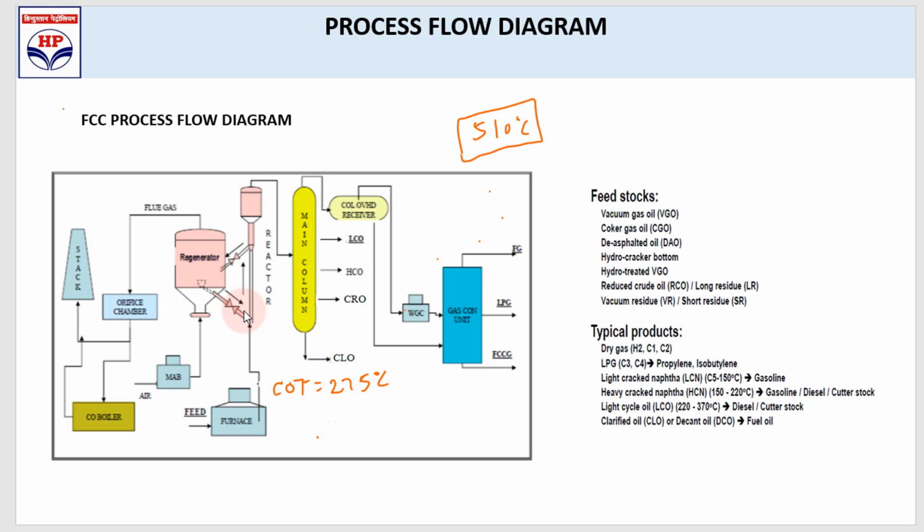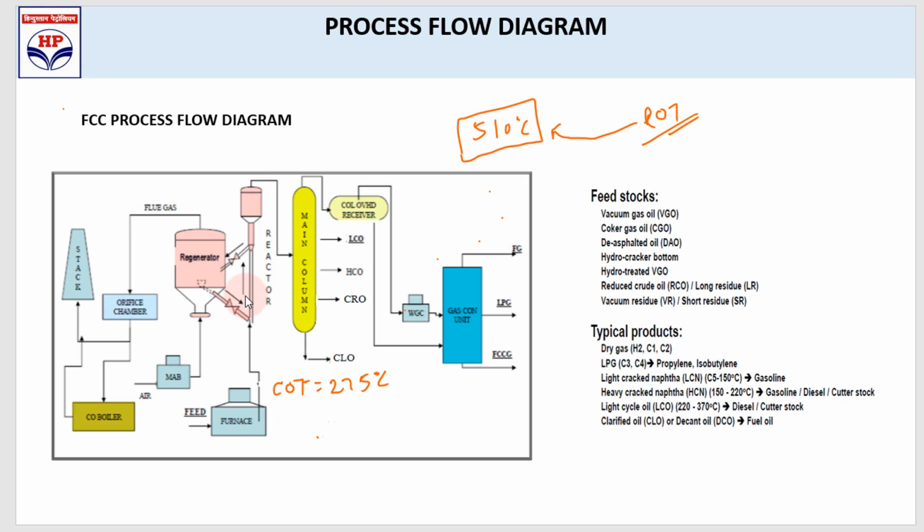Now I had already explained in the last session that we maintain a reactor outlet temperature, ROT. We give a set value of 510 degrees Celsius. We want to maintain that reactor outlet temperature at 510 degrees Celsius.